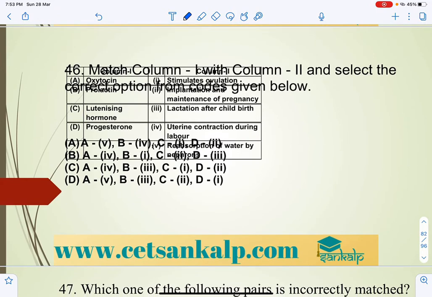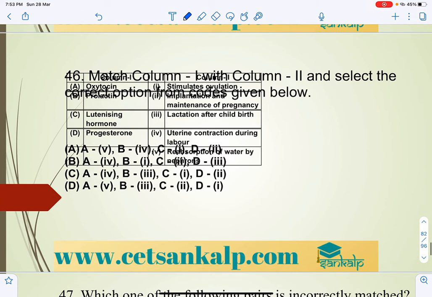so oxytocin stimulates, we all know that generally mainly helps in childbirth, and also oxytocin lactation after childbirth. You can also say that oxytocin A3.